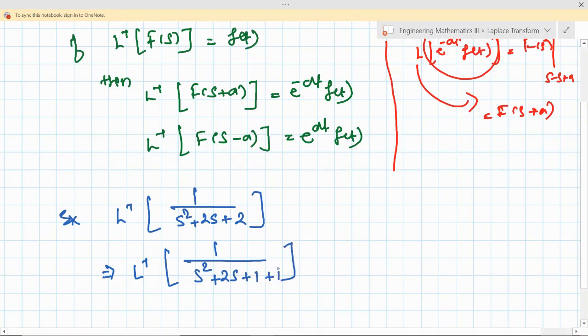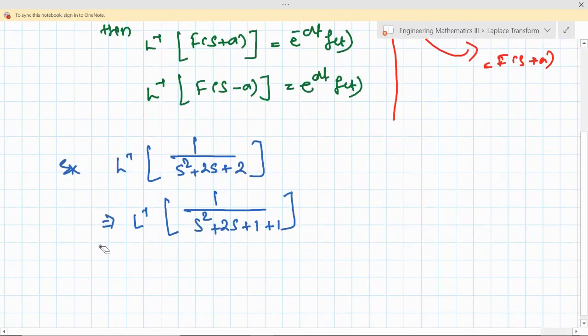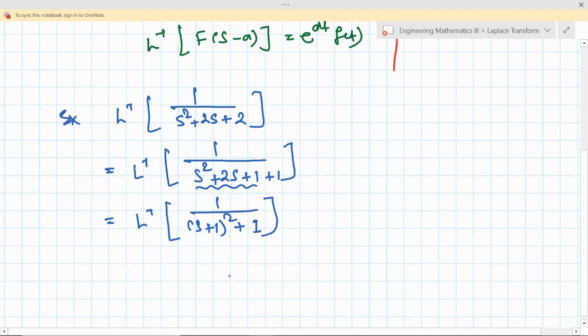Why I'm doing this, you will understand in the next step. So this is equal to inverse Laplace of, now this is a perfect square, s plus 1 bracket square. So this is 1 upon s plus 1 bracket square plus 1, like this, isn't it?